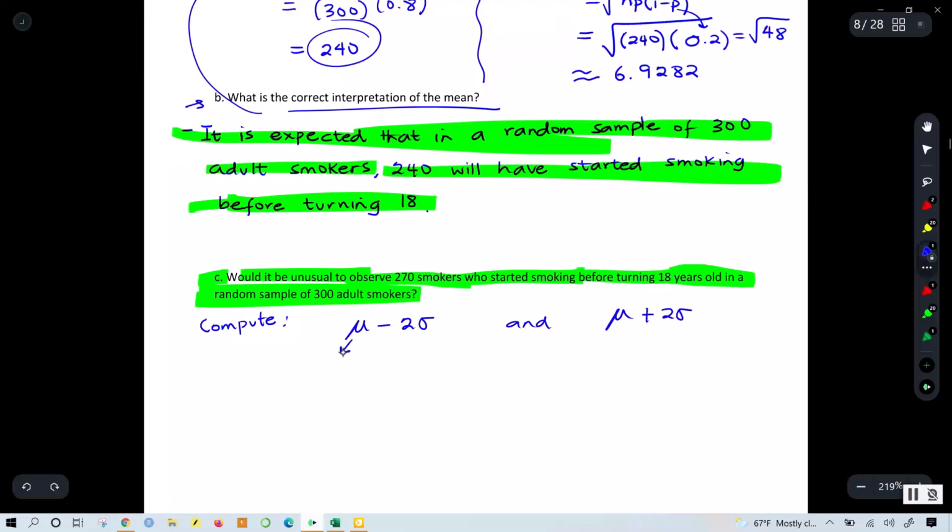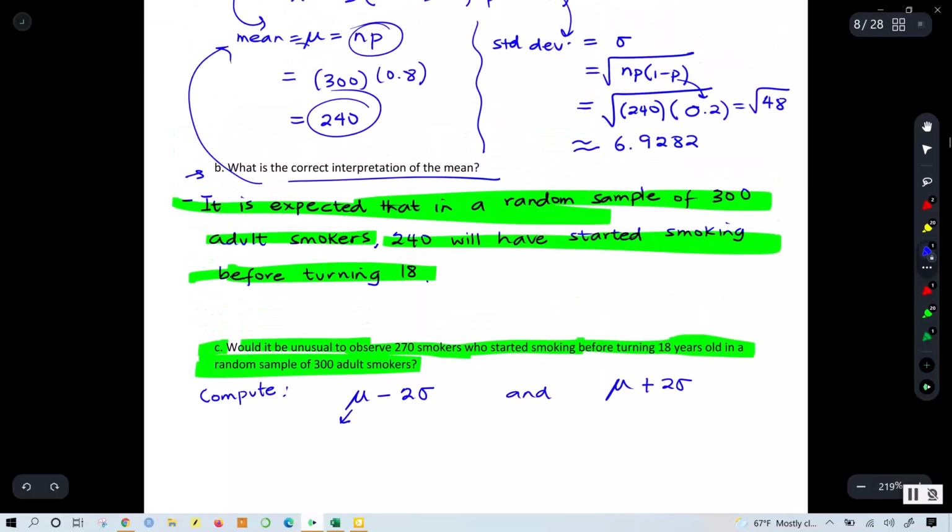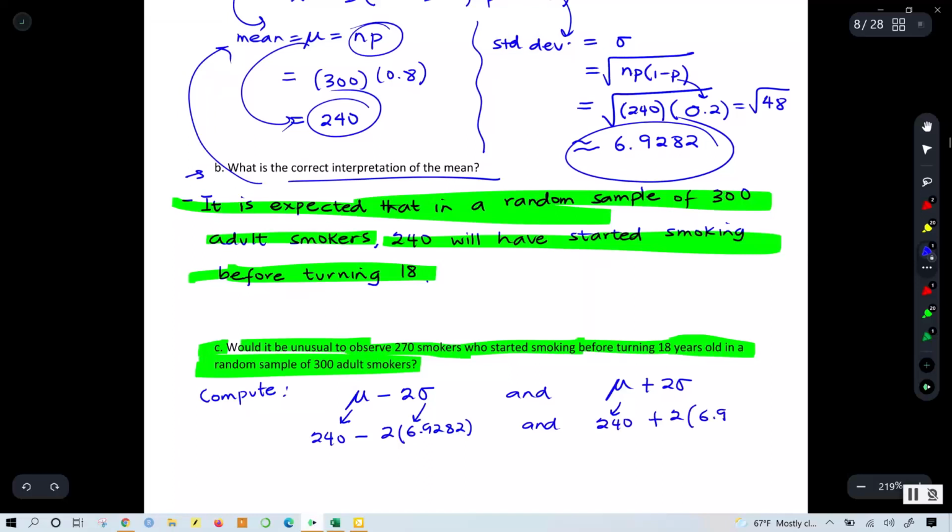That is the mean, 240, minus 2 times the standard deviation, 6.9282, and the mean again, 240, plus 2 times 6.9282.